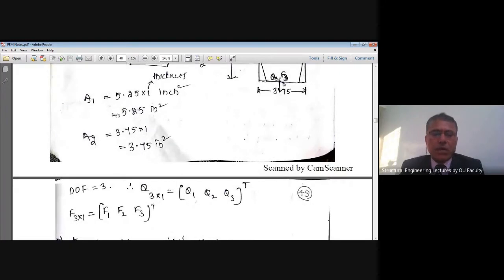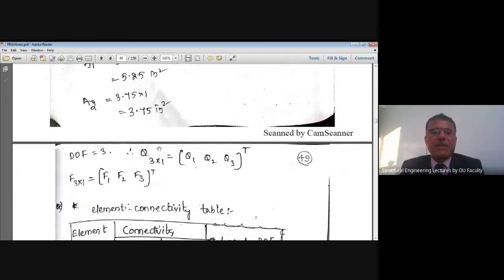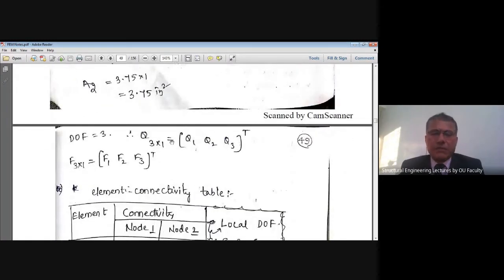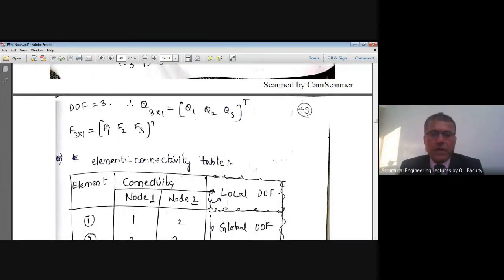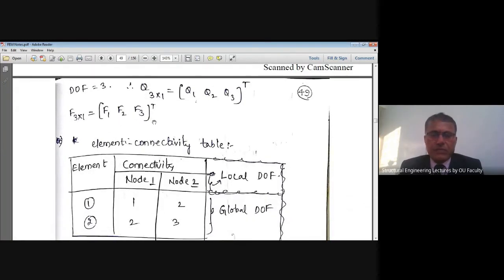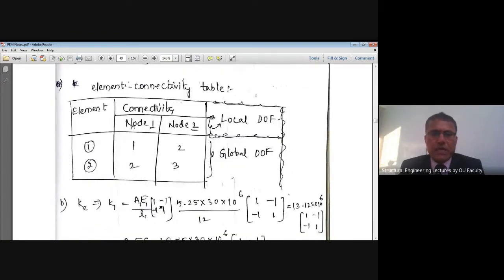Hence, I got the areas of the first and second elements, and there's a 3-degree of freedom system which I already discussed, which is the 3 by 1 vector Q1, Q2, Q3 transpose, and also the global load vector F1, F2, F3 transpose, a 3 by 1 vector. Next one is the element connectivity table. Element 1, we already discussed, is connected between global degrees of freedom 1 and 2 with the local node numbers, or local degrees of freedom, 1 and 2 respectively.